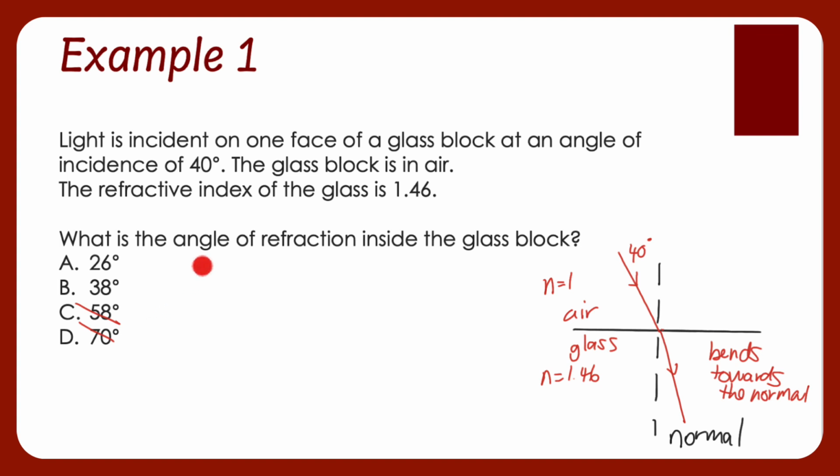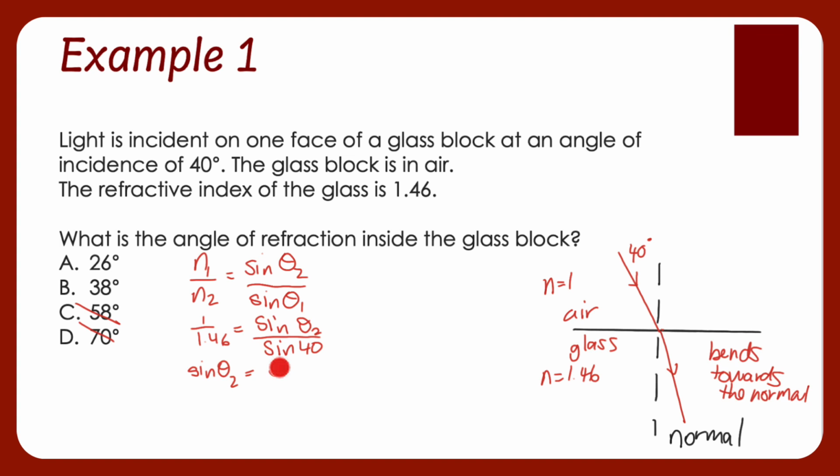So let's use Snell's law. And I'll put in the numbers I know. And let me rearrange this. I'm going to put sine 40 over the top here and just write left to right. Sine theta 2 will be sine 40 over 1.46.